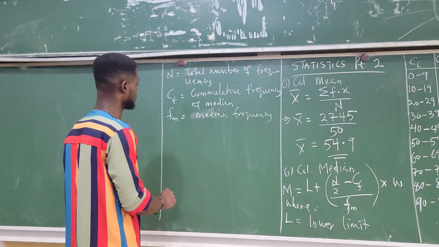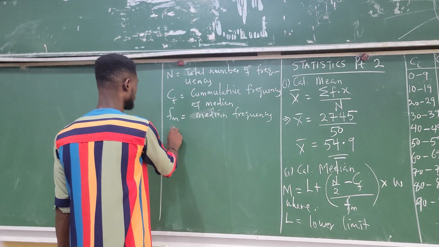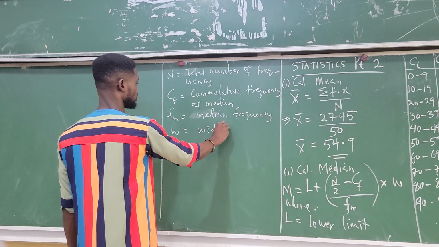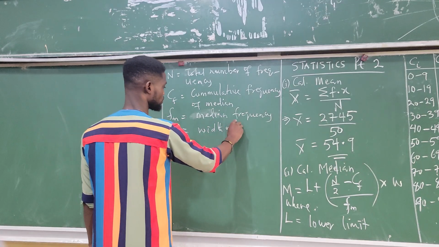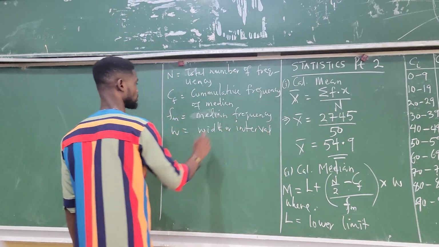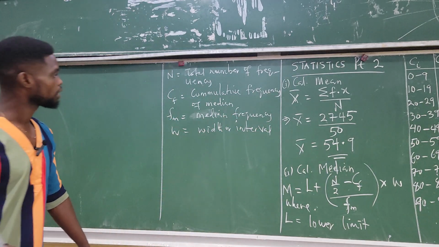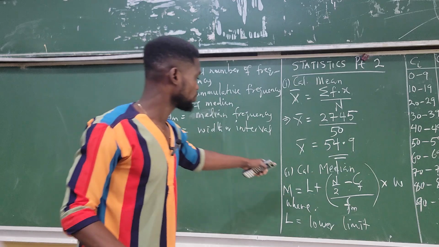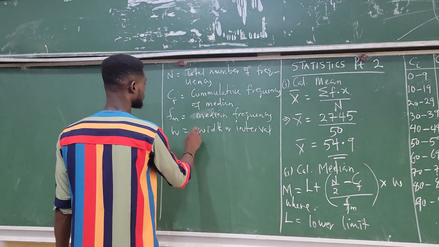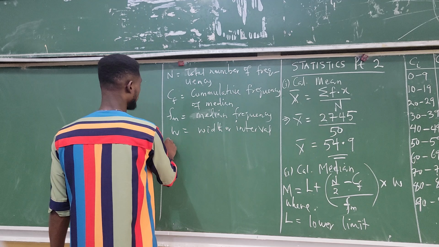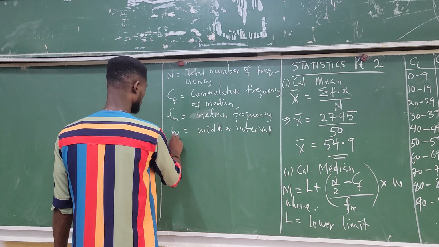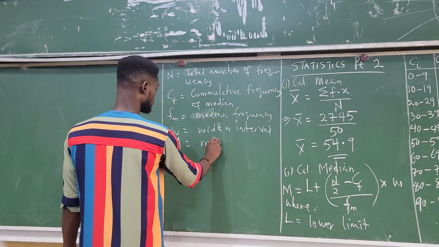Then W means your width, or interval. So we're going to do this as n over 2, where your M is median.